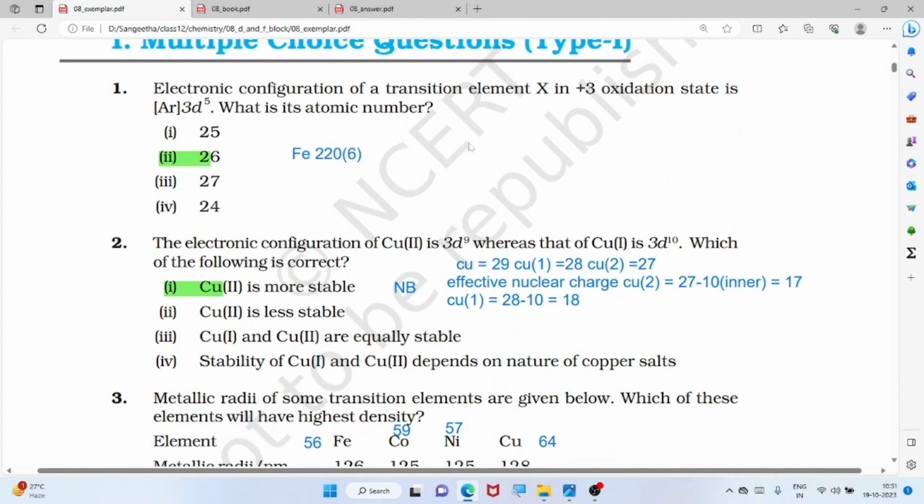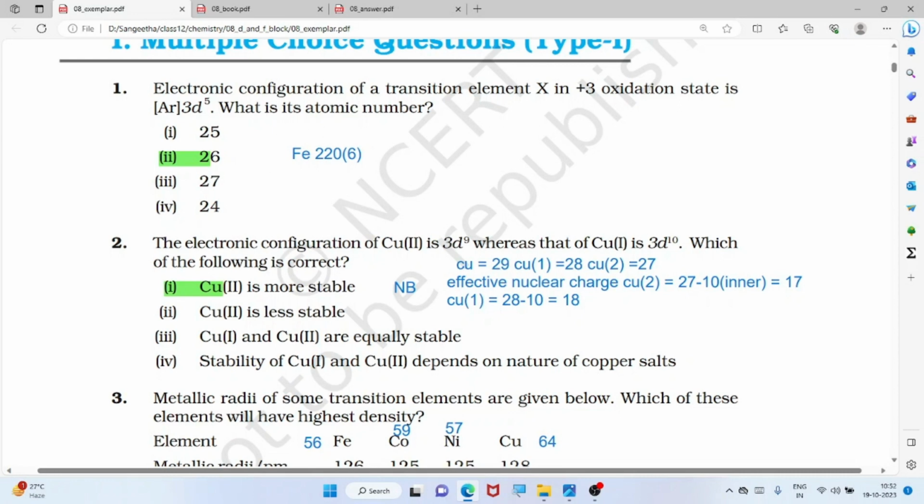The electronic configuration of a transition element in the plus 3 oxidation state is given. What is the atomic number? This is given in the book. Based on that, you have to add the argon core plus this, then you will get 26. This is the plus 3 oxidation state, so it already lost 3 electrons.